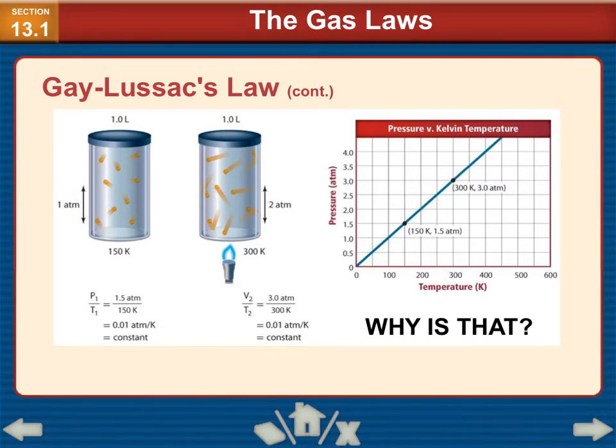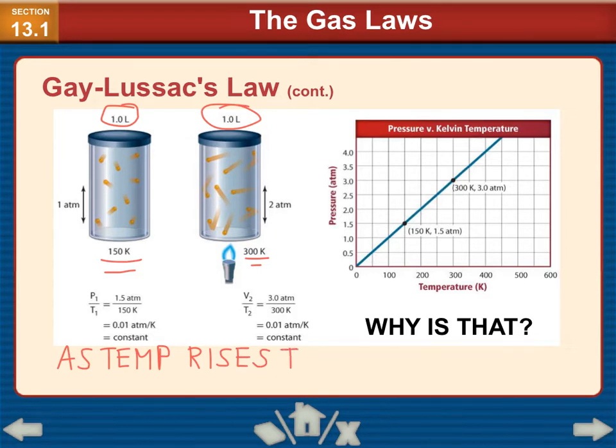In this diagram, we have an example of Gay-Lussac's law, where we have a fixed volume of 1 liter, and the temperature, which starts at 150, is increased to 300 K. And so as the temperature increases, the pressure on the tank will double.